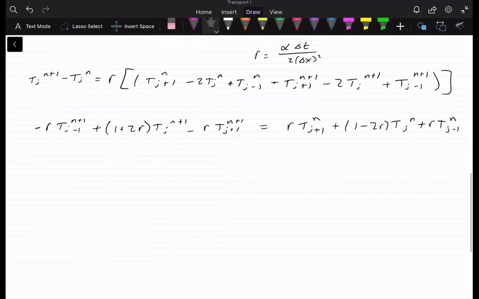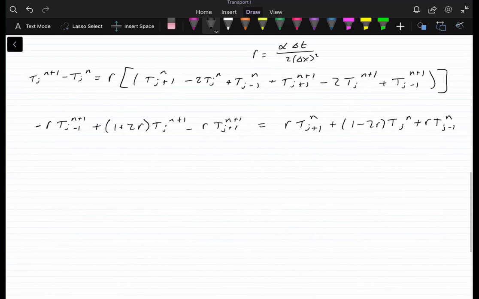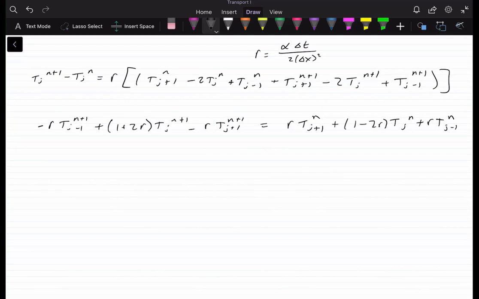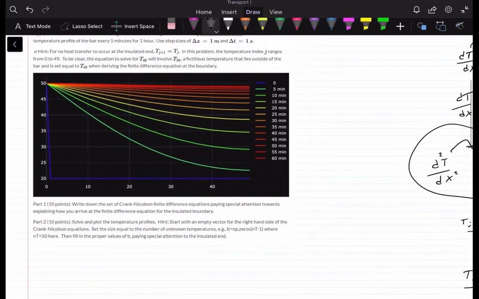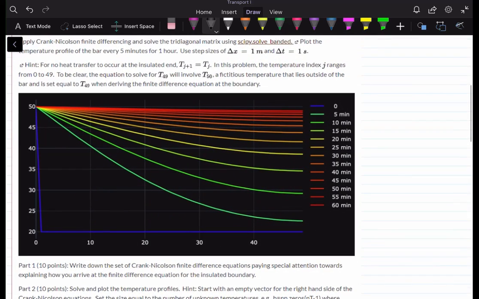Alright, so for every single node, this equation is going to be true. However, the difference here, if you go back to the problem statement, is that no heat transfer occurs at the insulated end, and Tj plus 1 is going to be equal to Tj at that point.